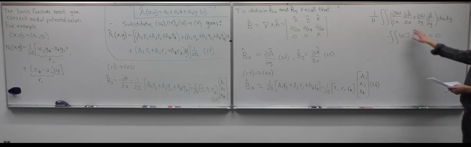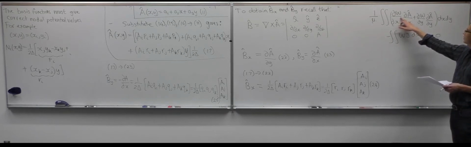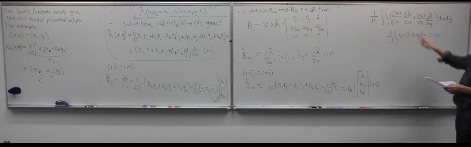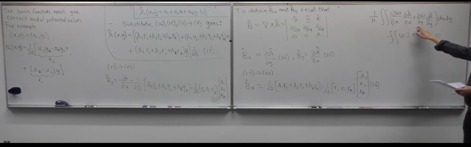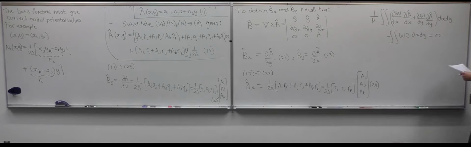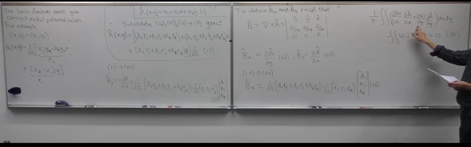So now we only have to evaluate the derivative of the weighting function with respect to x and the weighting function with respect to y. Okay, so I'm going to call this equation 26. Okay, so now we just have to evaluate what these weighting function terms are.